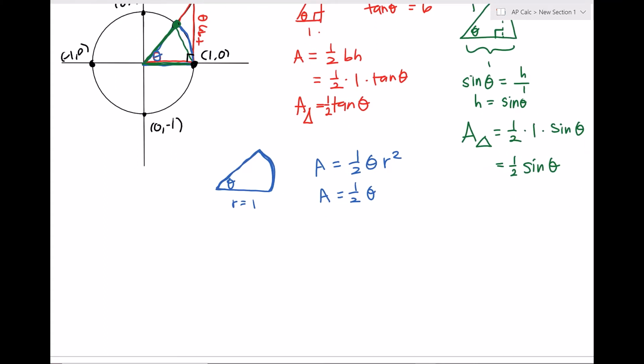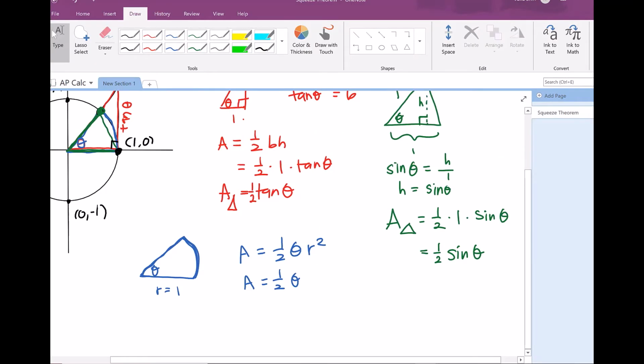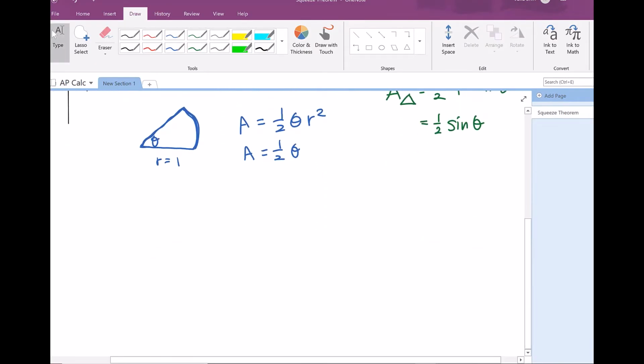So what we have right now is a situation which is very similar to what we saw in the squeeze theorem. Okay. And I hope, even visually speaking, we can confidently make this statement.